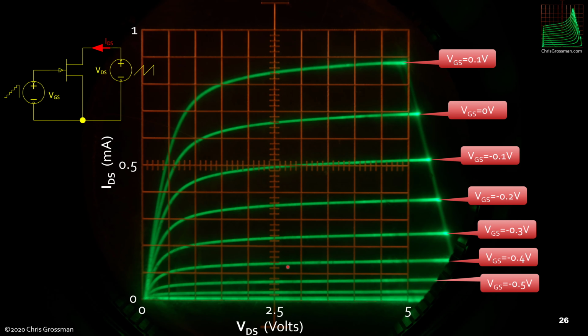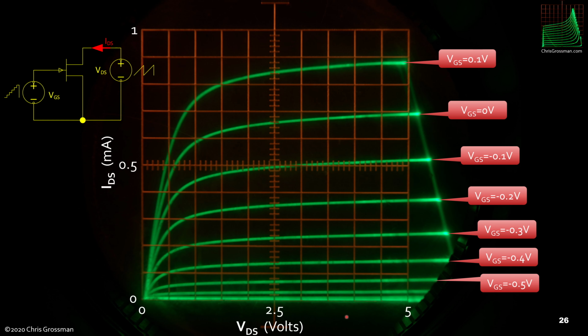So what I did is I took the FET and tossed it on my curve tracer. Now the curve tracer puts a staircase into the gate to source of the FET and sweeps the drain to source voltage, and then measures the drain current. So each one of these curves is a different gate to source voltage.